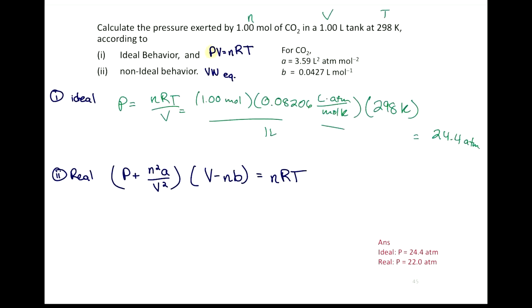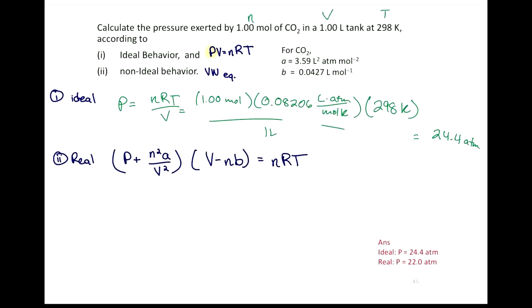Now the harder, more tedious part is doing the van der Waals equation. What I want you to recognize here is that we have to give you the a and the b terms in order for you to solve these. It's just a little bit more tedious to do the real gas, van der Waals equation. Here's the equation.